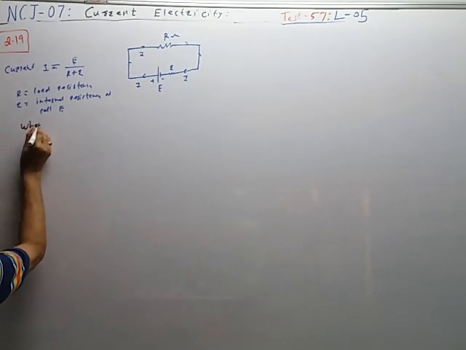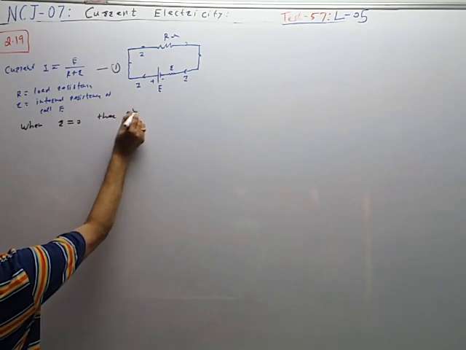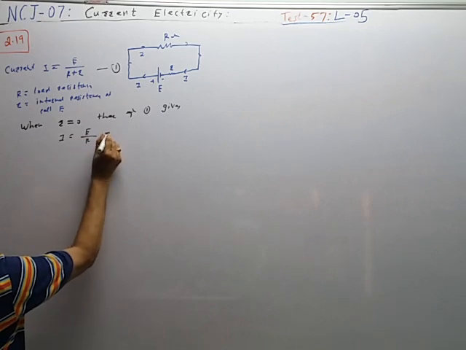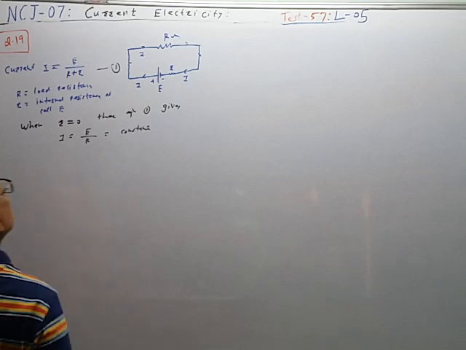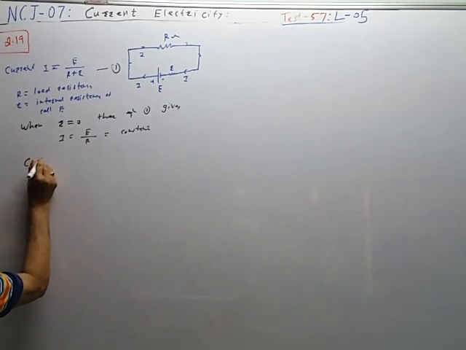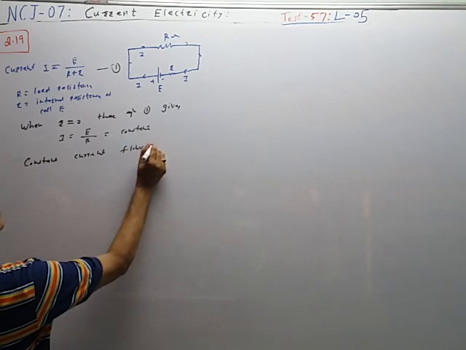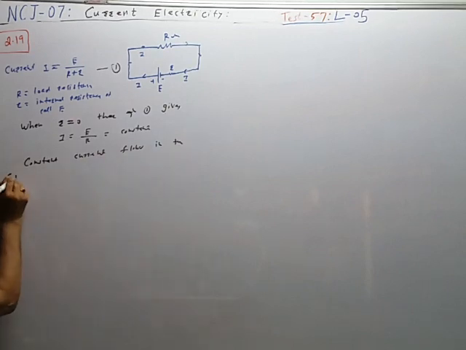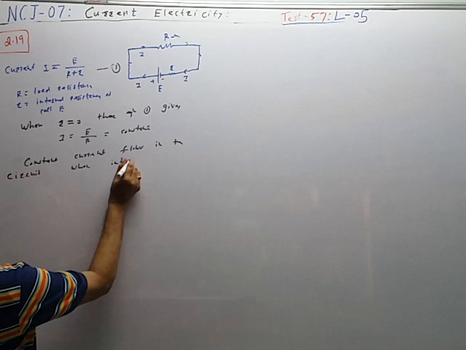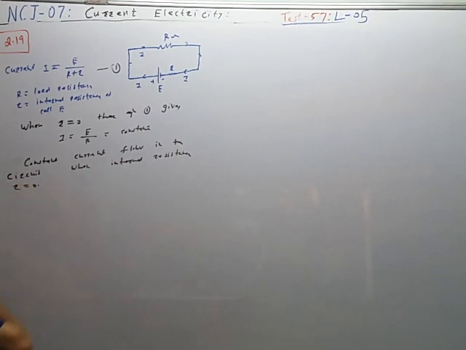When r is equal to 0, then equation 1 gives I is equal to E upon R, and it is constant, and therefore constant current flows in the circuit when internal resistance r is equal to 0.